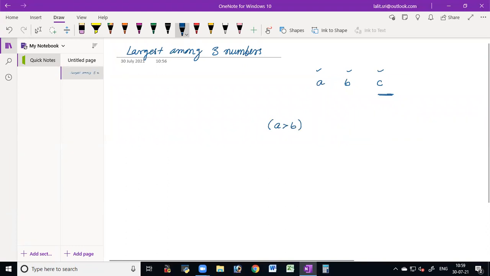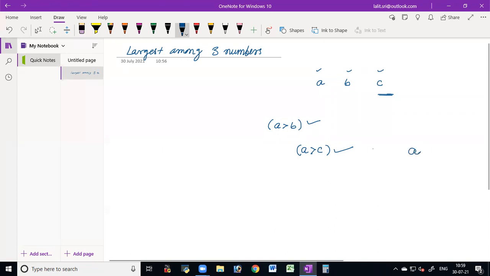So if A is greater than B, again I have to check whether A is greater than C. If this is true and this is also true, I can say A is greater than B as well as A is greater than C. So A is the greatest.